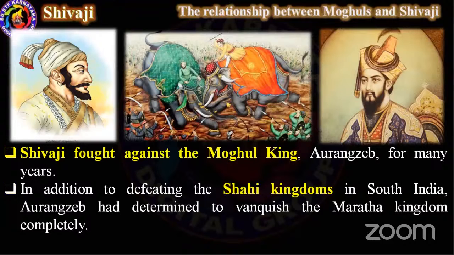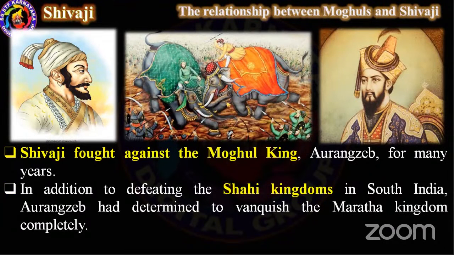He especially focused on defeating them. In this situation, he faced another problem, that was Shivaji. Therefore, he decided to defeat the Shahi kingdoms and the Maratha kingdom too.